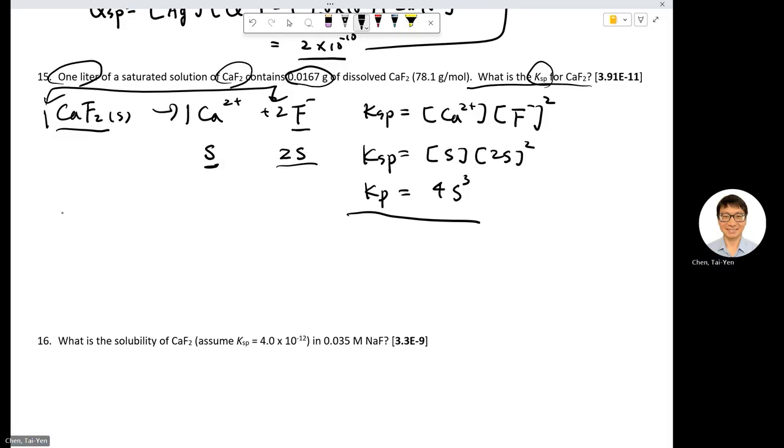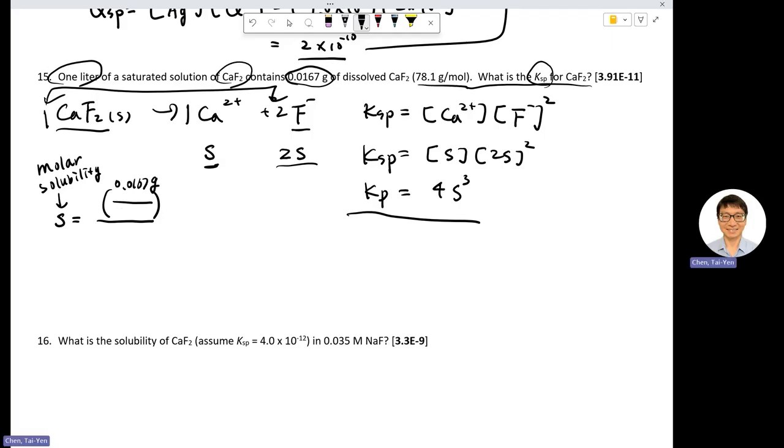So the solubility will equal, again, this will be the molar solubility. Therefore we want to compute how many moles of this species got dissolved. So it tells you the mass that got dissolved is 0.0167 gram.